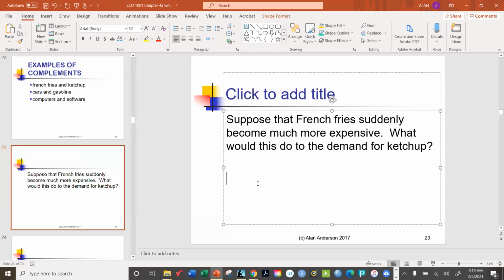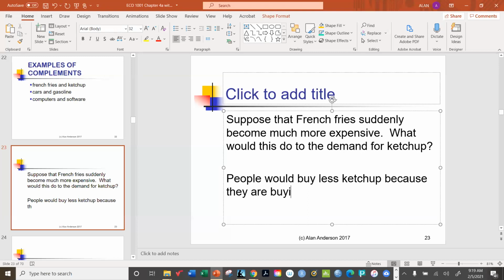It would go down, exactly. People would buy less ketchup, even though the ketchup price didn't change. They would buy less ketchup because they are buying fewer French fries.